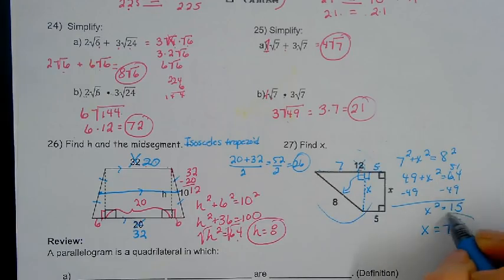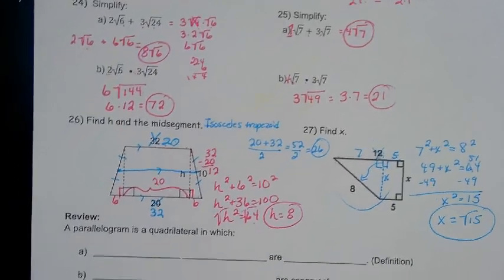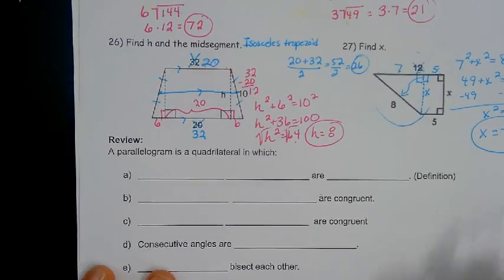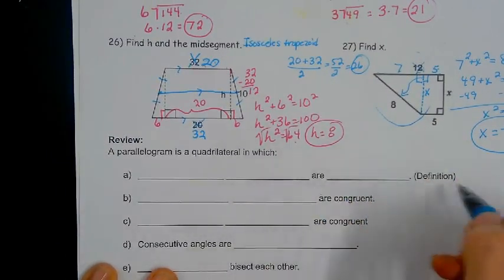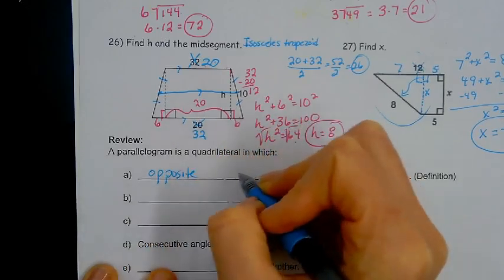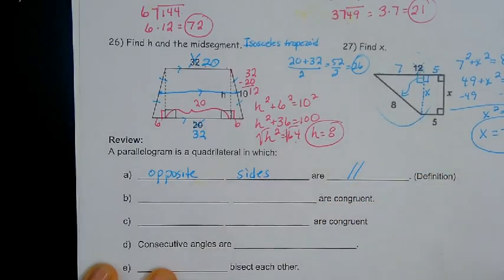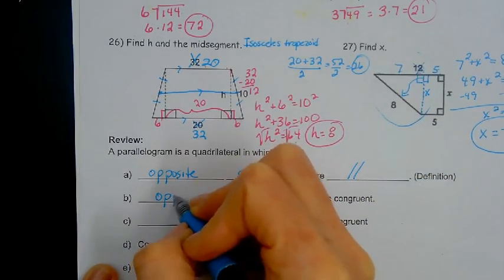Quick review on a parallelogram. It's a quadrilateral in which, well, the definition is opposite sides are parallel. Opposite sides are congruent. What else is congruent in a parallelogram?